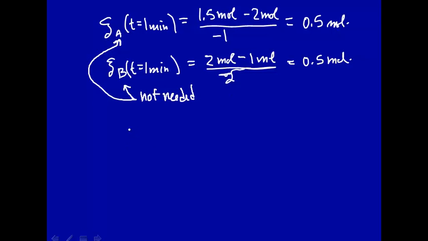All right, so in general, we can say ξ will be defined as the number of moles at some time t minus the number of moles at time t equals 0 when you're starting, divided by the signed stoichiometric coefficient.